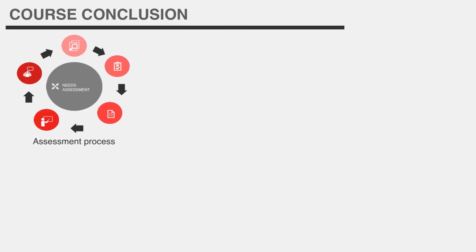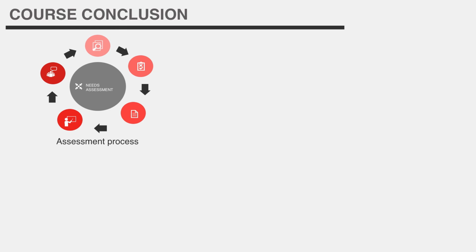Course conclusion. This concludes the video tutorials on secondary data review by the International Federation of the Red Cross and Red Crescent Societies and Data Friendly Space. From these videos, we hope that you take away that needs assessment is a vital process undertaken to identify humanitarian needs to inform decision makers, enabling program planning and implementation.